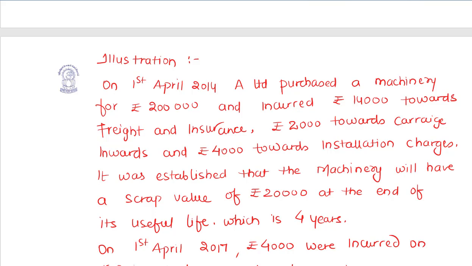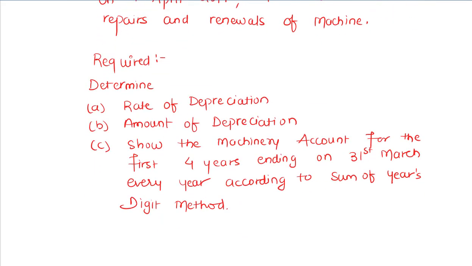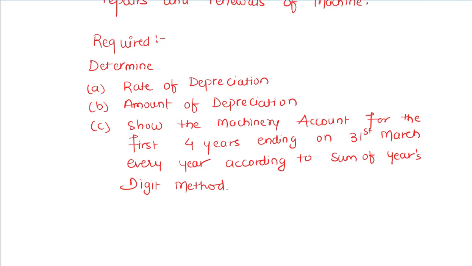On 1st April 2017, 4,000 were incurred on repairs and renewal of the machine. Rate of depreciation and amount of depreciation are required. We need to show the machinery account for the first 4 years ending on 31st March every year, according to sum of years digit method.